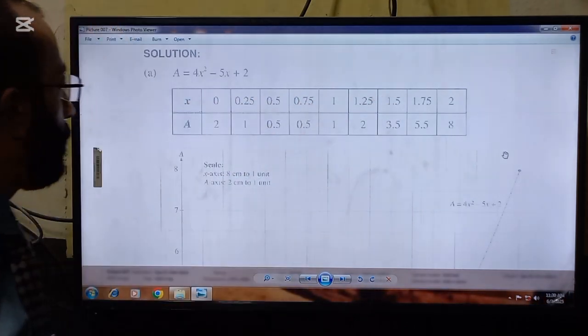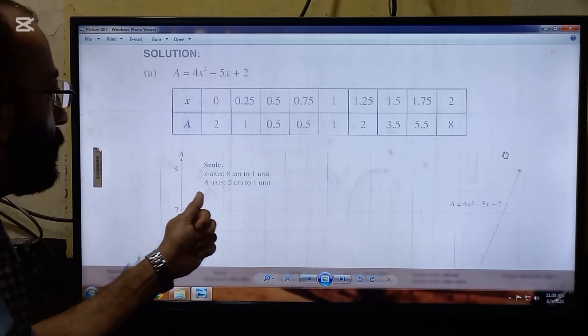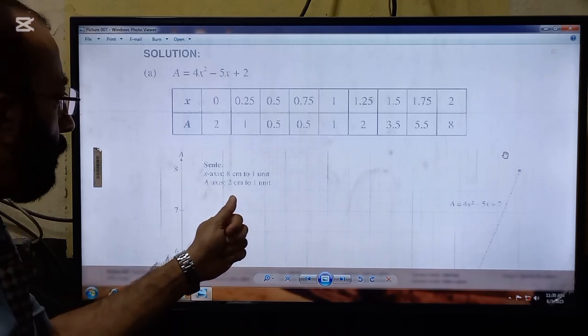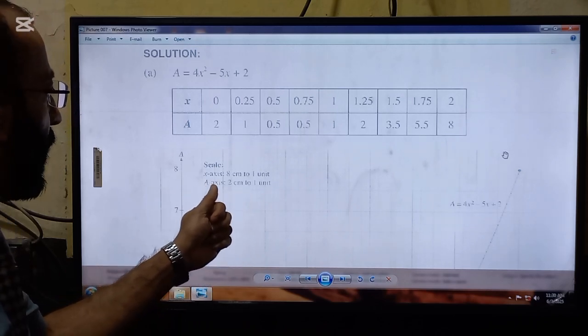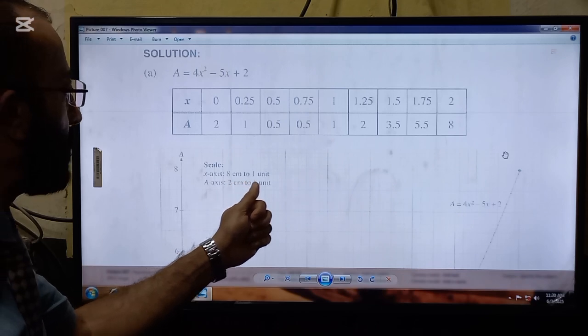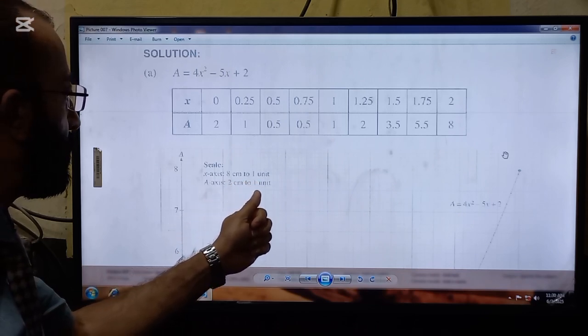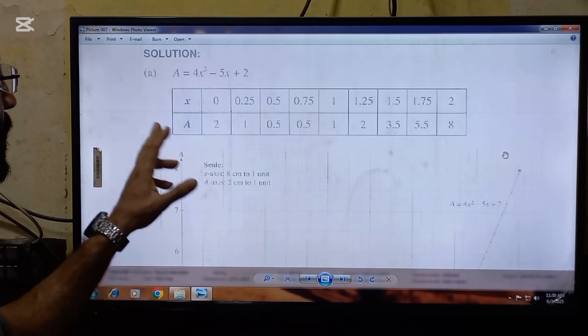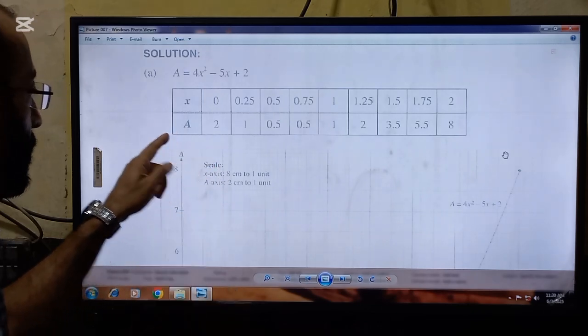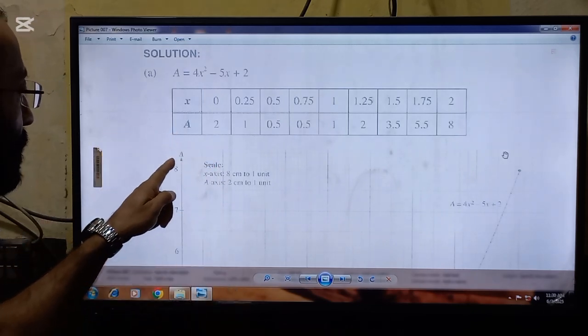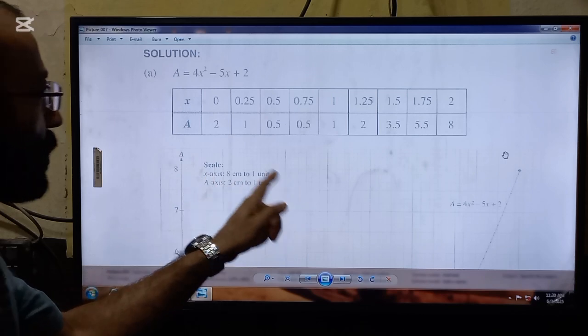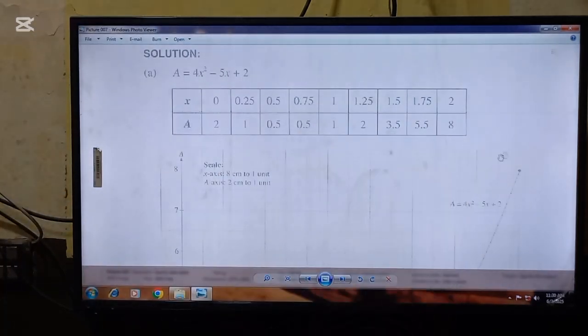Table is done. Next step is to choose a suitable scale for the x-axis and y-axis. So for the x-axis we have chosen 8 centimeters to 1 unit, and for the A axis it is 2 centimeters to 1 unit. Because there is A in place of y, the vertical line will be mentioned by A and the horizontal line by x.